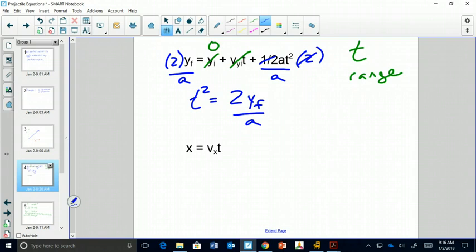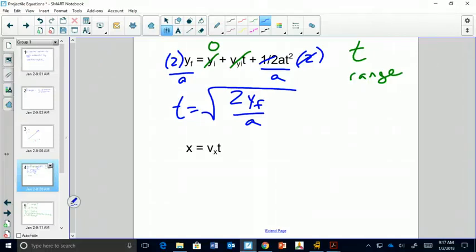How do I get rid of the squared? I square root it. So therefore, are you okay if I write that t equals the square root of 2 times yf over a? Now your textbook has it as 2 times yf minus yi over ay. Just want to make sure you see we canceled out that yi because it was 0. Are you with me, my friends?